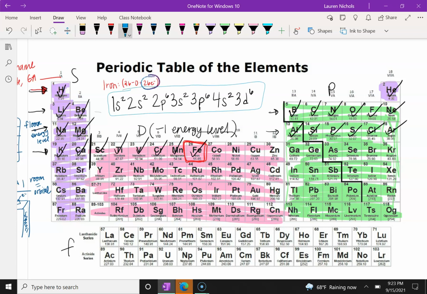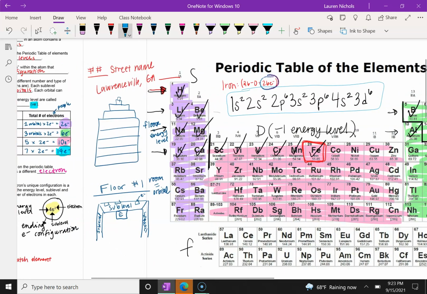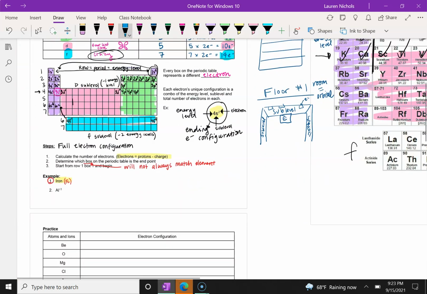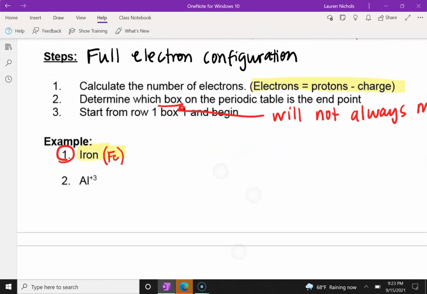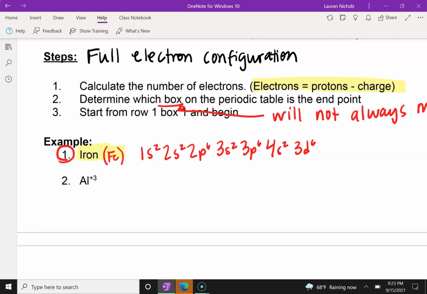Okay, that's my full electron configuration. So let's make sure that we have that in our notes. And you'll notice it gets very repetitive. Okay, so it's 1s2, 2s2, 2p6, 3s2, 3p6, 4s2, 3d6 was our answer for iron.